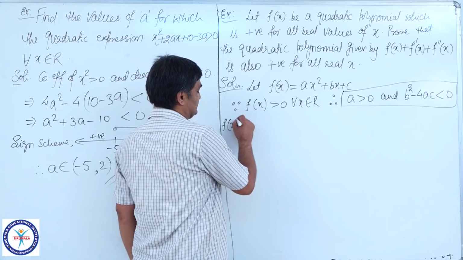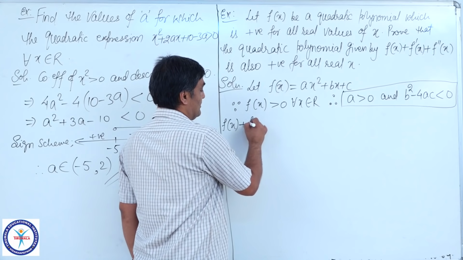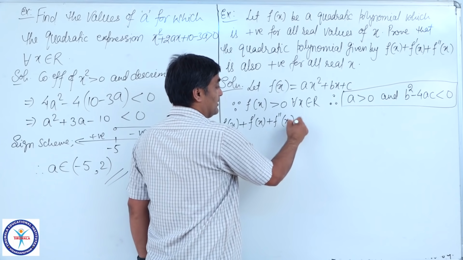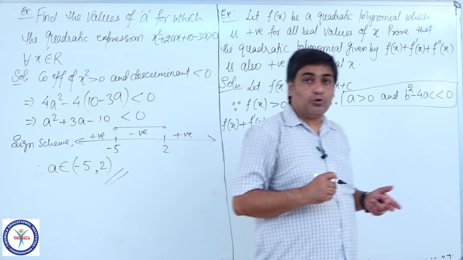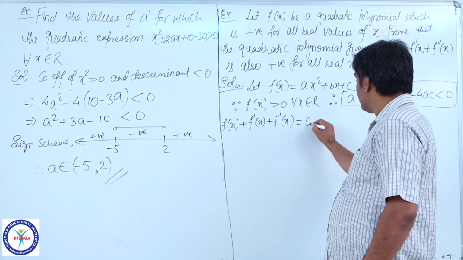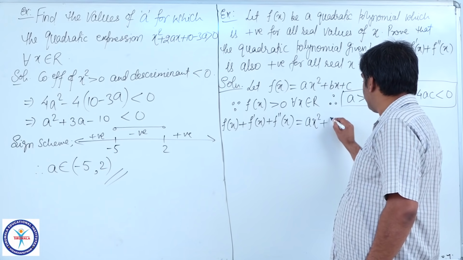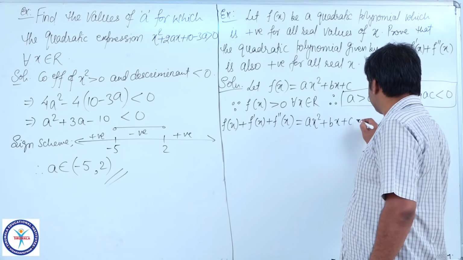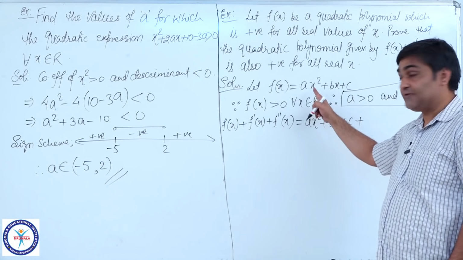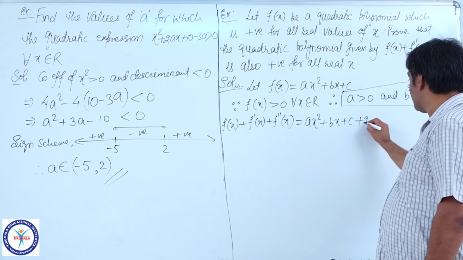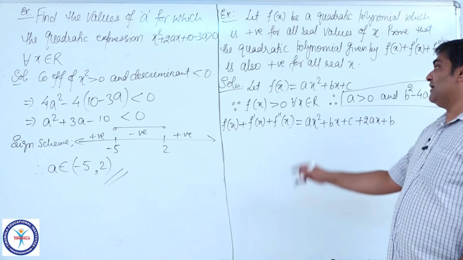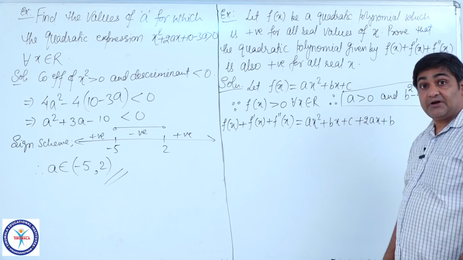Now, f of x plus f dash x plus f double dash x. First we write this polynomial. F of x is ax square plus bx plus c. And what is f dash x? Differentiate this. 2ax plus b. And what is f double dash x?